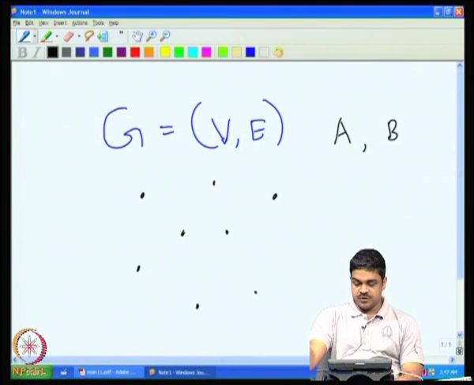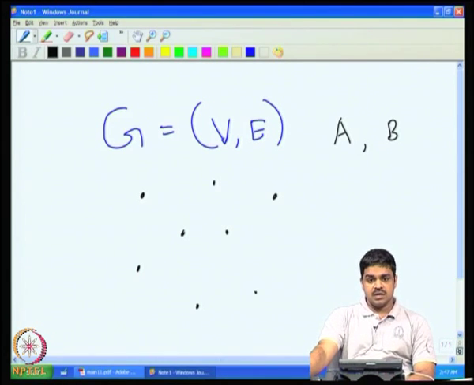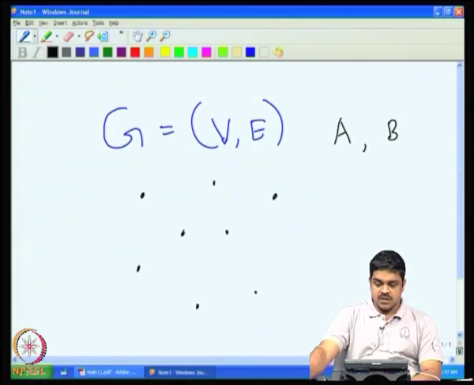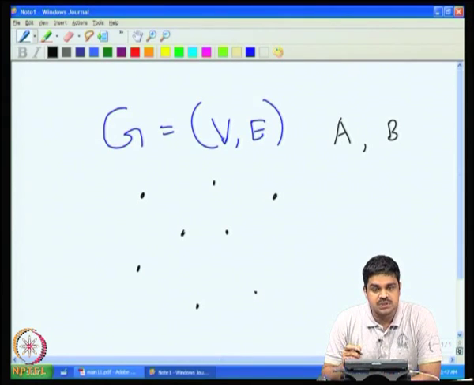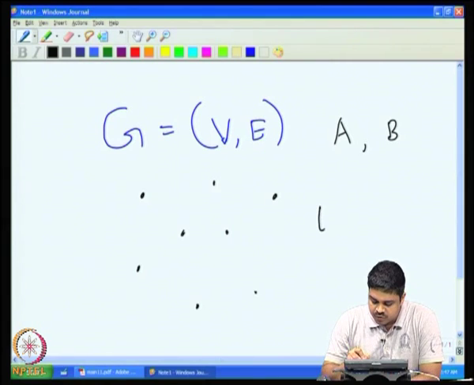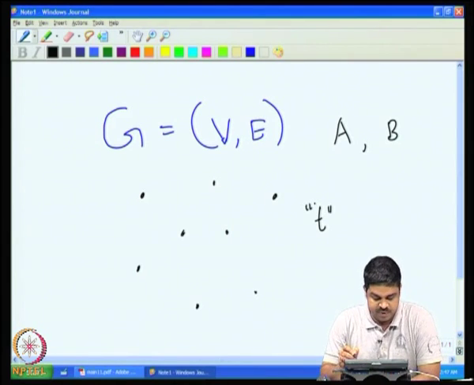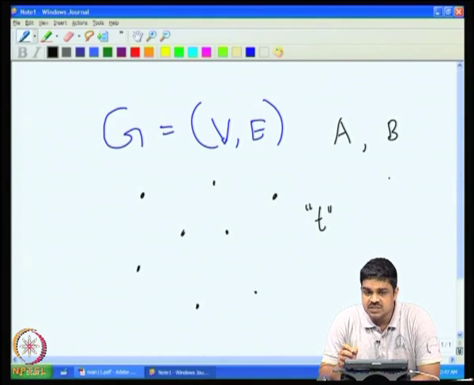Before getting into that, we should notice that suppose there are some t number of disjoint AB paths. Now, to separate A from B, we need to remove at least one vertex from each of these paths.